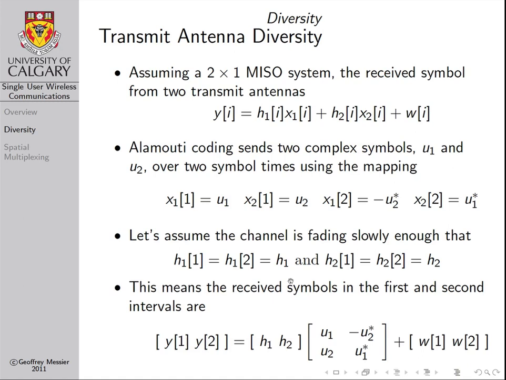We look at the received sample for the first symbol interval and the received sample for the second symbol interval, and we set up our equation in matrix form, where we have our channel vector, H1 and H2, multiplied by what is essentially a code matrix, but this contains our information symbols using the mapping that we showed above. And then we have an additive noise vector W as well.